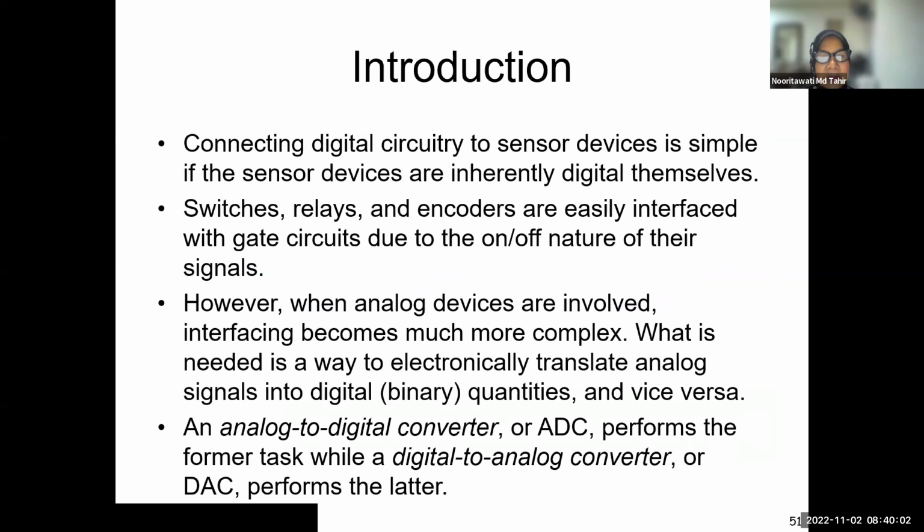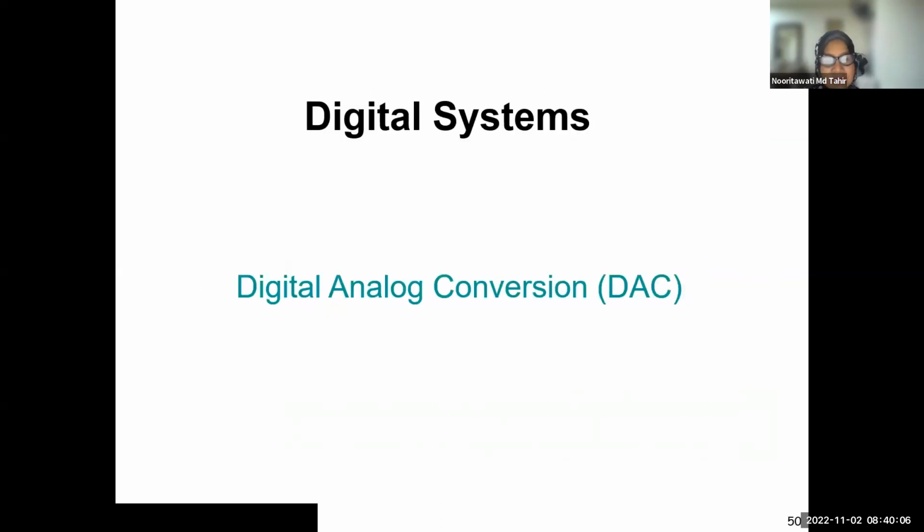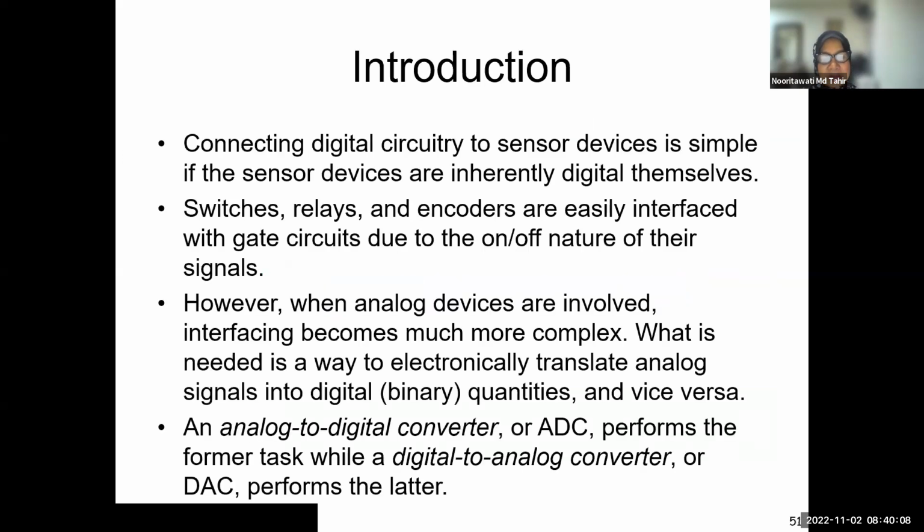So, when do we require the analog to digital converter and digital to analog converter? The nature of the signals around us is analog, so we need the converter to convert it to binary and vice versa.